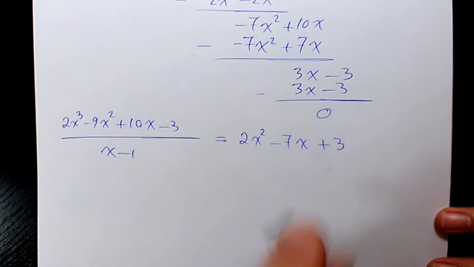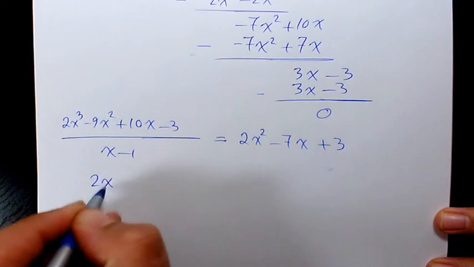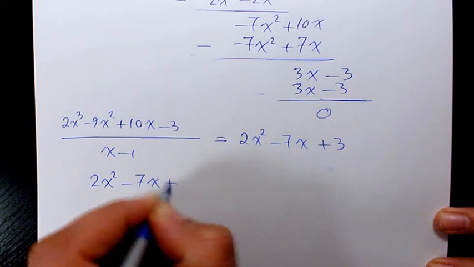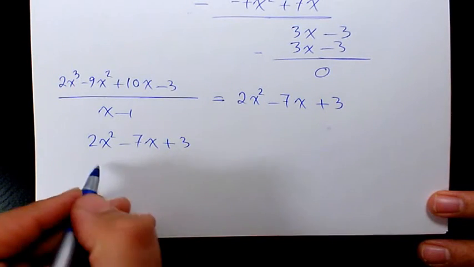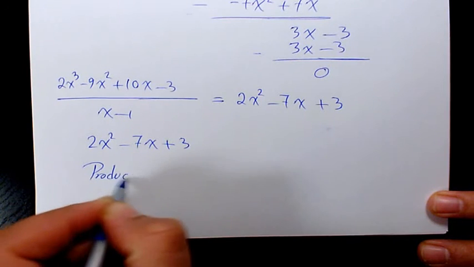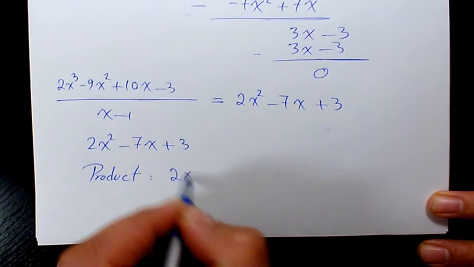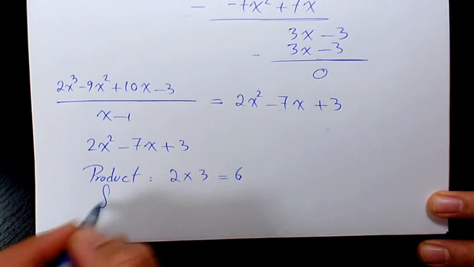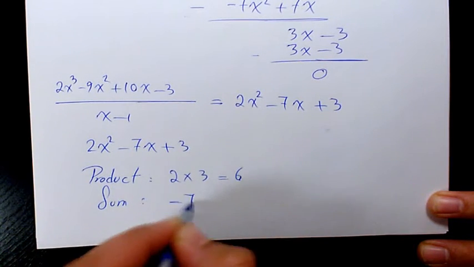Now I need to factor this quadratic expression. We are looking for two numbers with the product of 2 times 3 equals 6, and sum is going to be negative 7. What two numbers are you going to get? Product of 6 and sum is negative 7. So the two numbers are going to be negative 6 and negative 1.